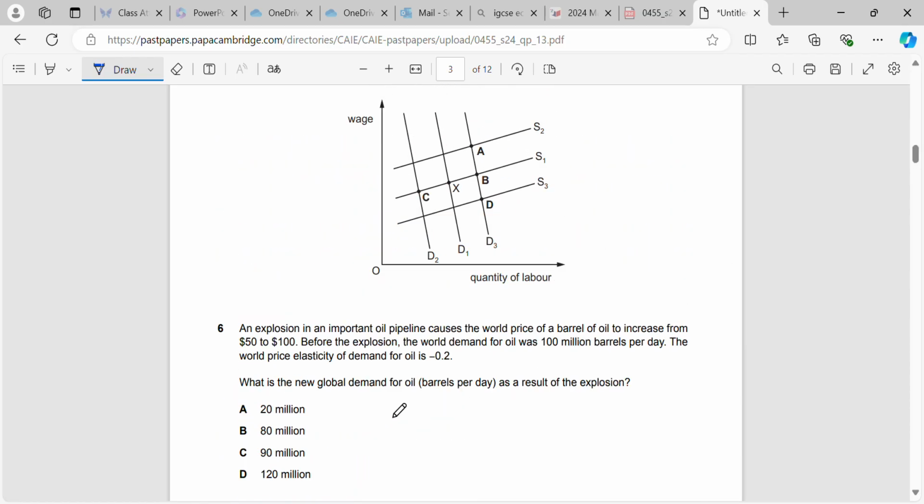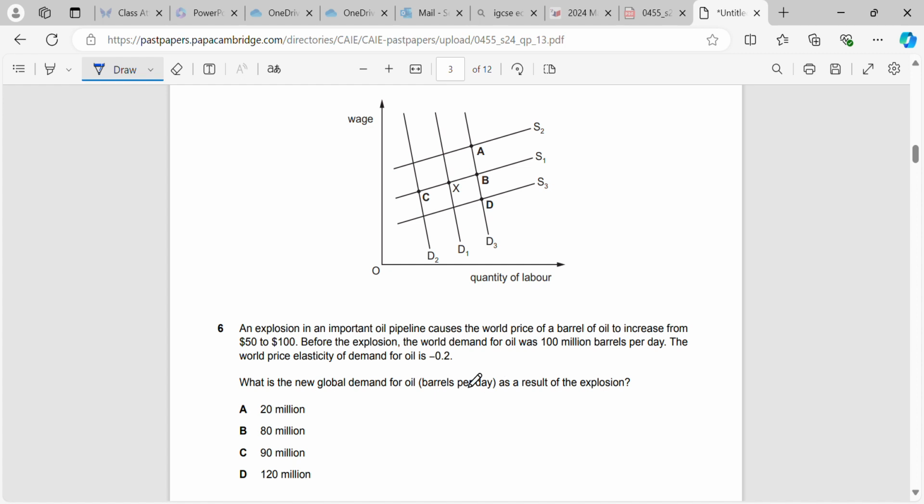Okay, question 6. An explosion in an important oil pipeline causes the world price of a barrel of oil to increase from $50 to $100. Before the explosion, the world demand for oil was 100 million barrels per day. The world PED for oil is minus 0.2. So, what is the new global demand for oil? So very similar to question 8.